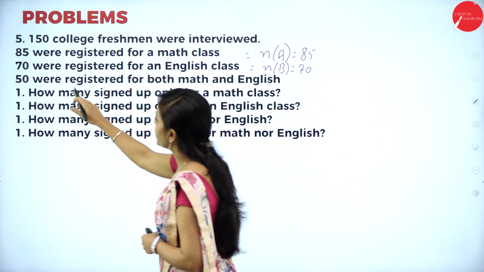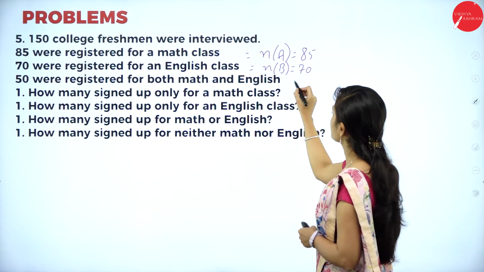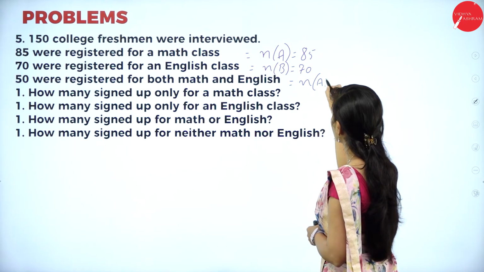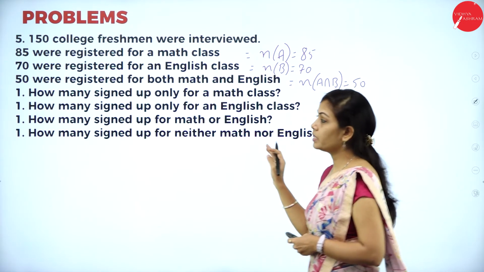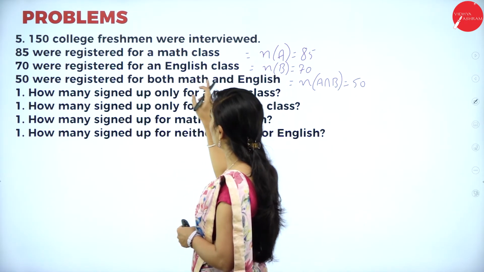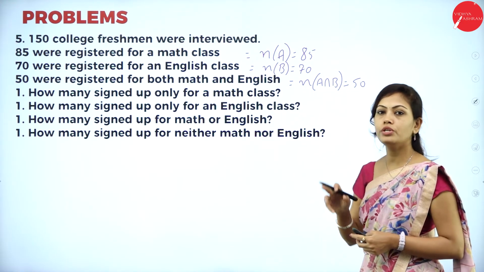And 50 were registered for both math and English class. So what is n(A intersection B)? n(A intersection B) is equal to 50. 50 means 50 were registered for both math and English class.